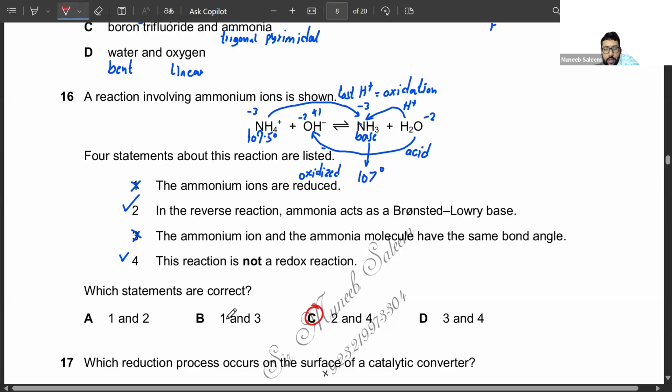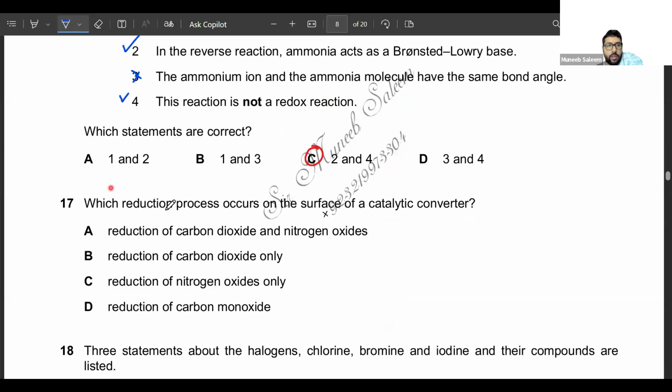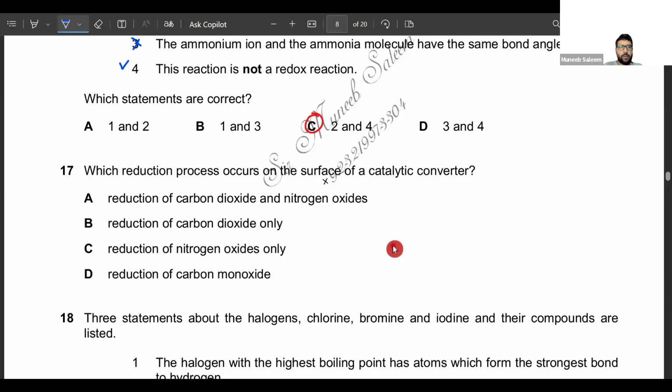Question number 17. Which reduction process occurs on the surface of a catalytic converter? So basically, if you remember, reduction of carbon dioxide and nitrogen oxide.